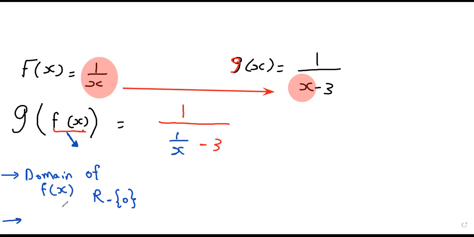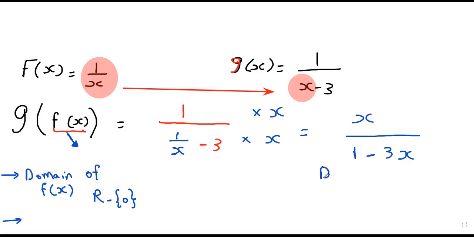Okay, so let's simplify it by multiplying by x up and down. So multiply by x and multiply by x. So 1 times x is x, and down we have x times 1 over x, which is 1, minus 3x. What is the domain of this function? To find the domain of this function, it will be all values of x except 1/3.